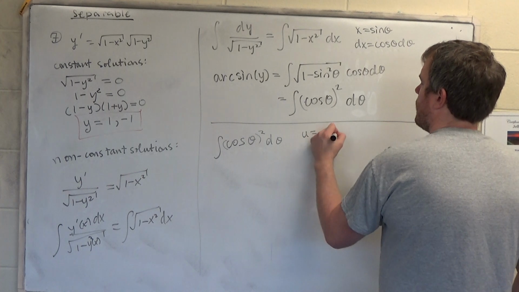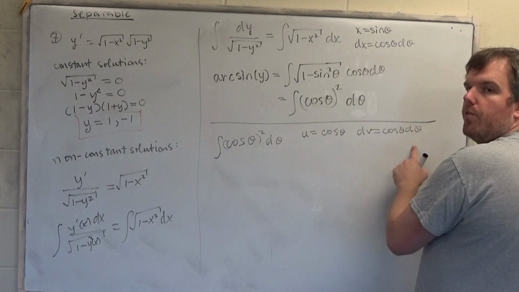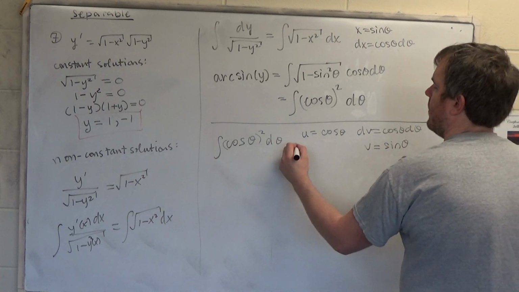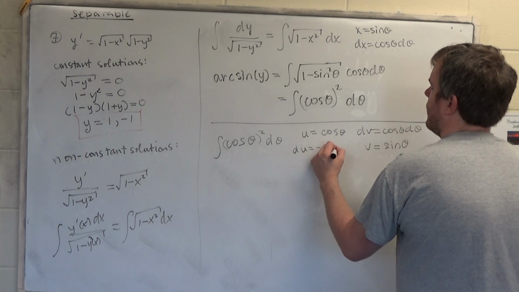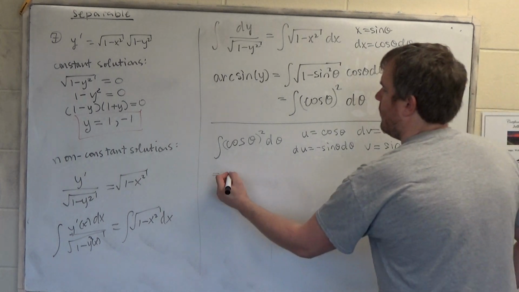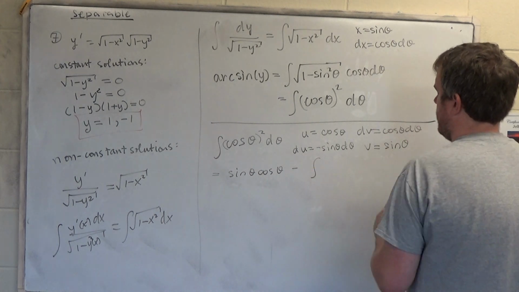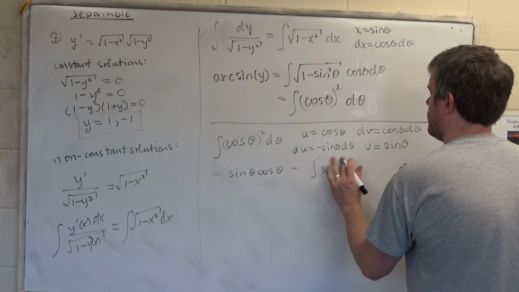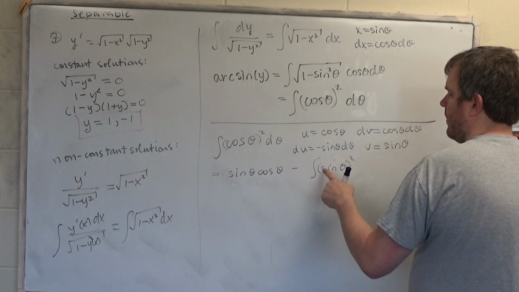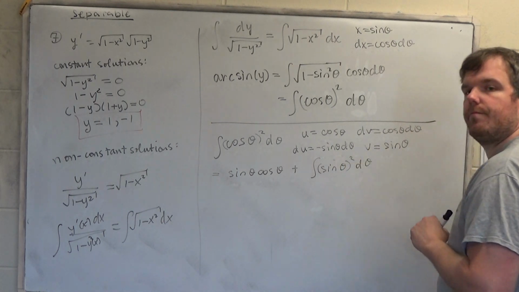If I let u equal cosine theta and dv equal cosine theta d theta, which is the most complicated thing that I know how to integrate, then v should be sine of theta, and du is negative sine theta d theta. Using the integration by parts formula, I'll get sine theta cosine theta minus, and I'll get sine squared, but it's negative, so I'll get a plus here, d theta.